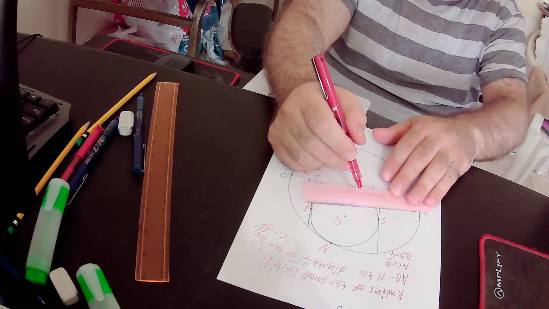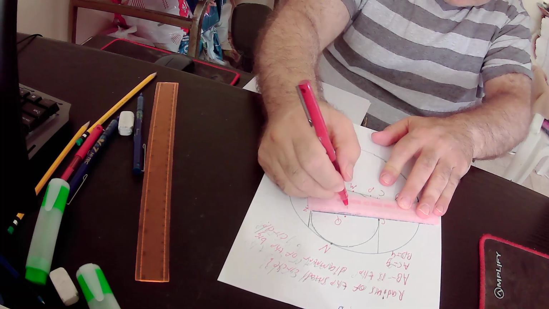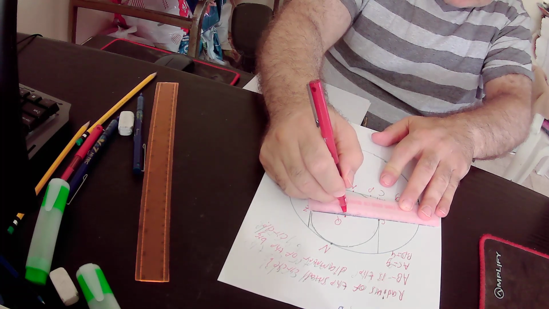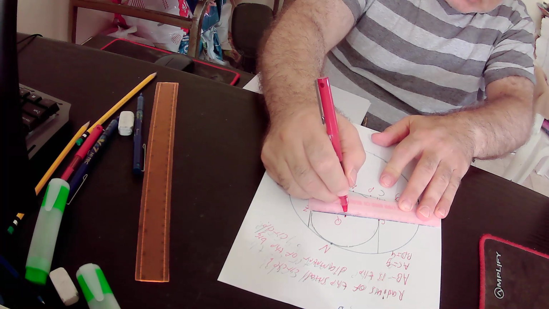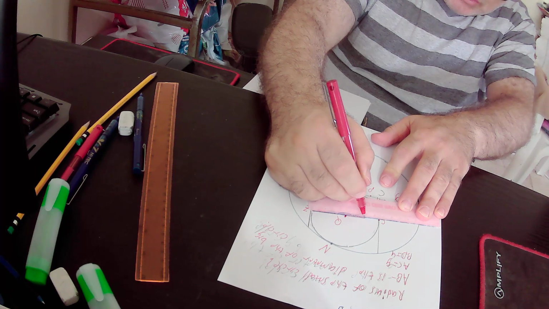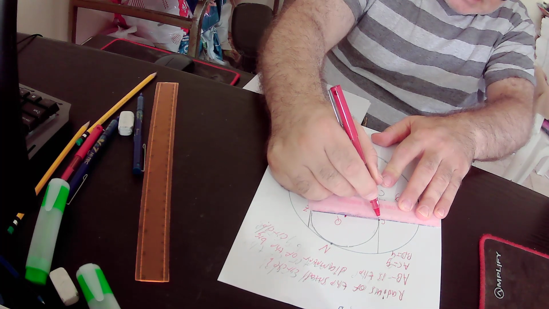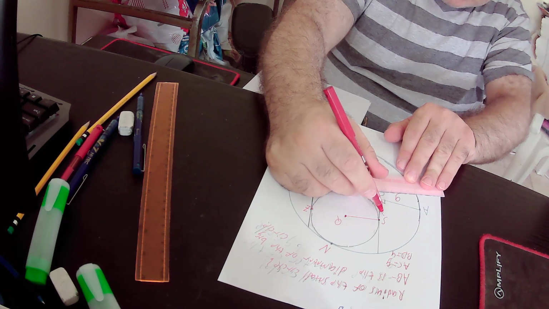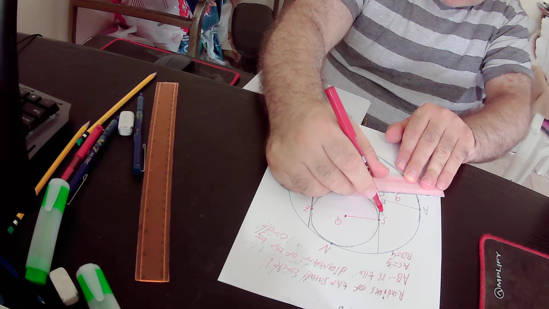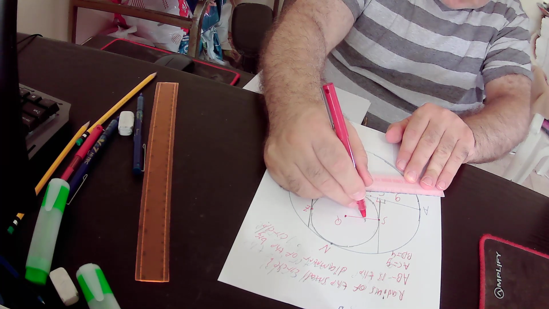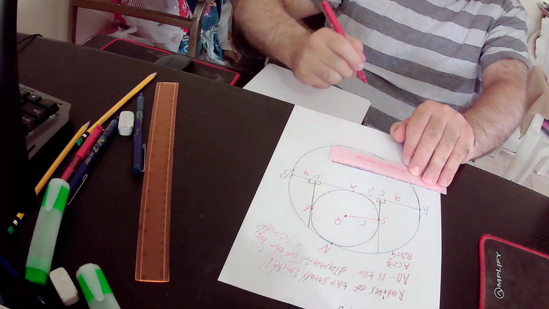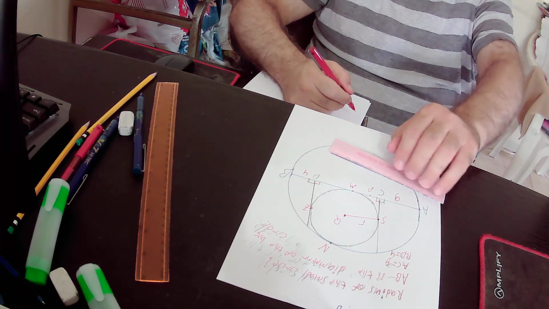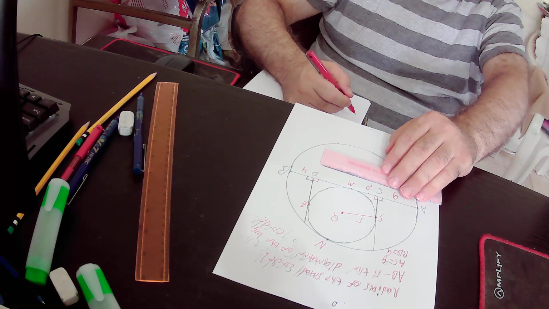Okay, so this will be the first radius of the small circle from the center of the circle, that is to say from point Q until it touches the contact point at point S.